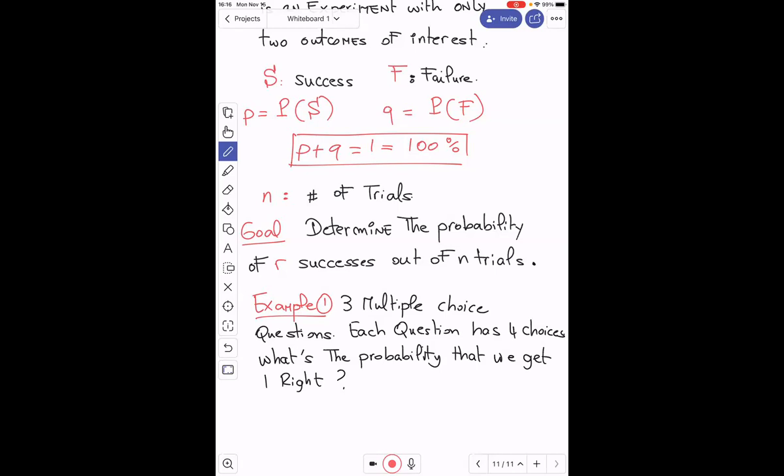So S is when you answer correctly, and F is when you answer incorrectly.